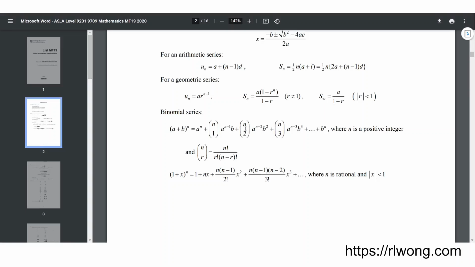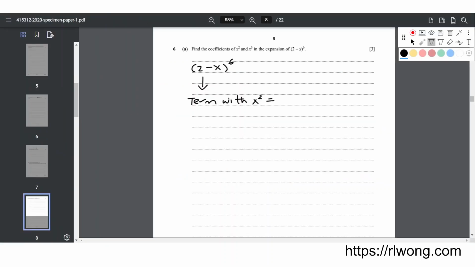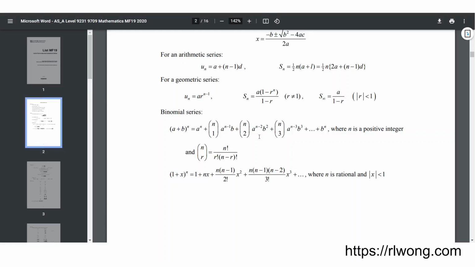If I look at this, this is my (a plus b) to the power of n. So my a is 2, my b is minus x, and my n is 6 for the formula. So in order to get x squared, I'll be looking at this term here: n choose 2, a to the power of n minus 2, b squared.